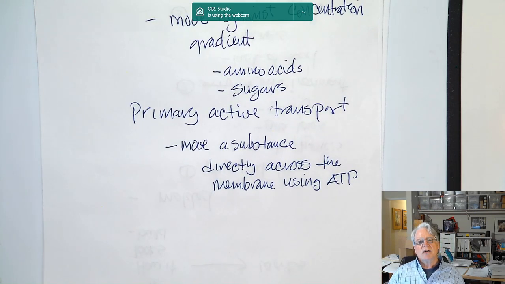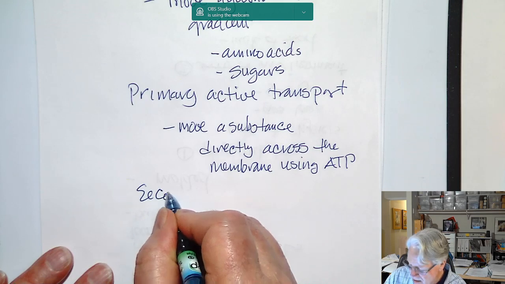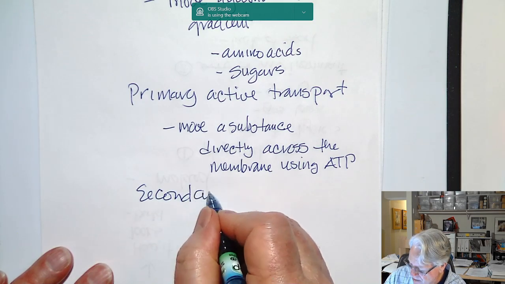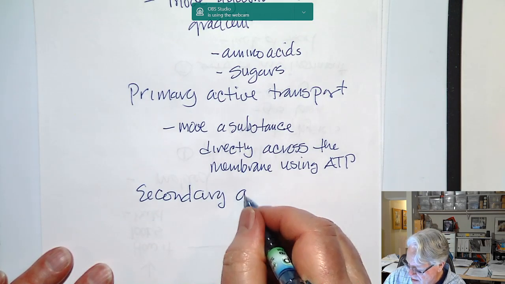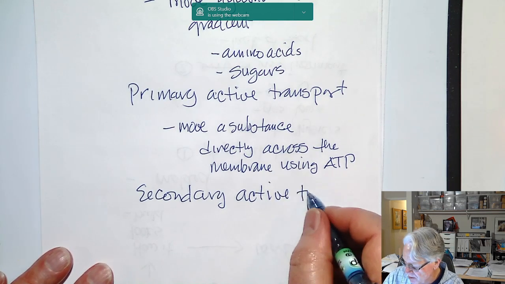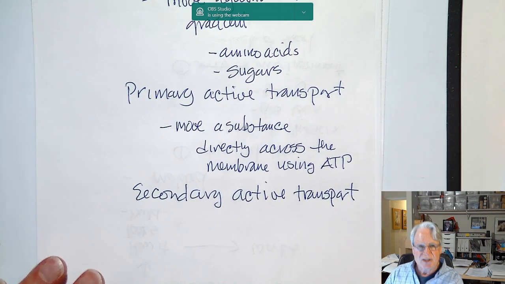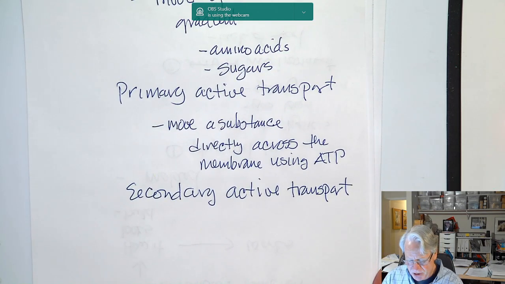Okay. Why did I use the word directly? You'll see in a moment when I talk about secondary active transport. Secondary active transport. So let's take a look at this. And believe me, this really gives students fits. So I'm going to try very hard to make a distinction between secondary active transport and primary active transport. So secondary active transport, let me give you an example of this by way of a picture.